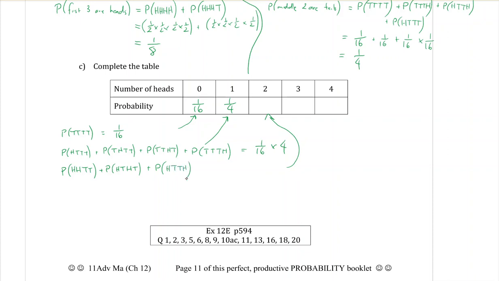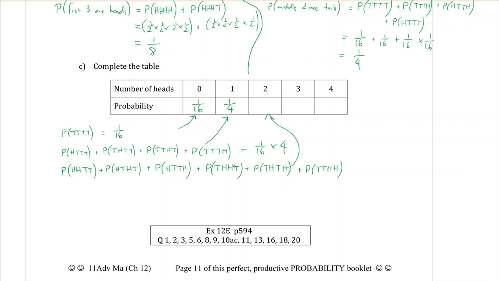Okay, so I've moved one of them all the way down to the end. But there's still more. Now let's move the first head down. So it could be probability of tail, head, head, tail, plus probability of tail, head, tail, head, plus probability of tail, tail, head, head.